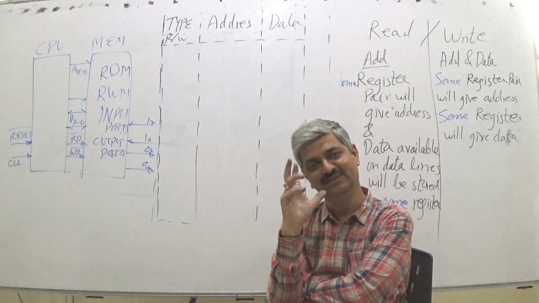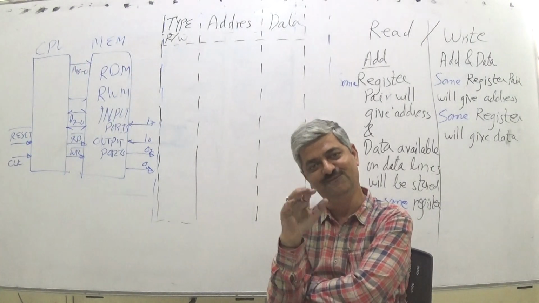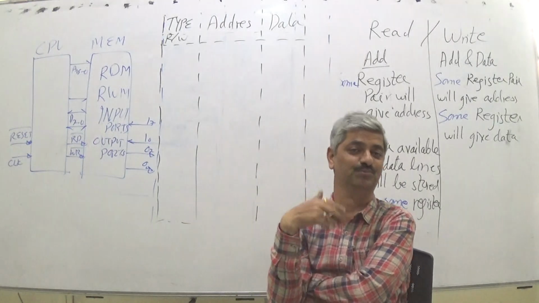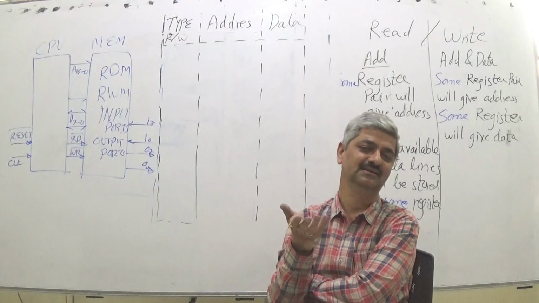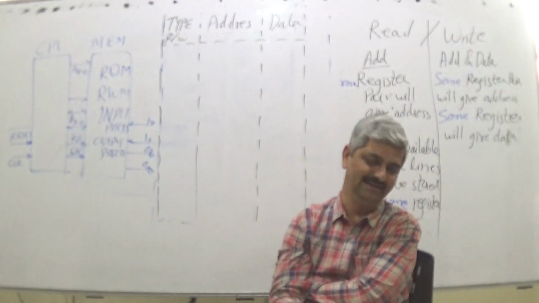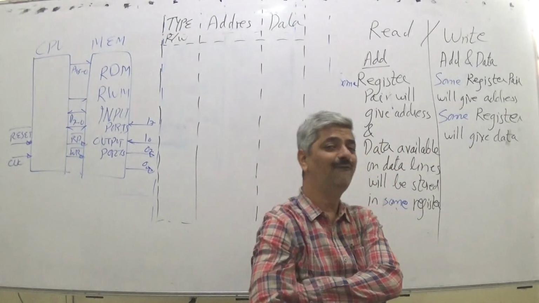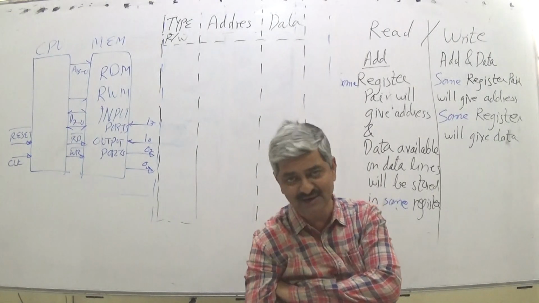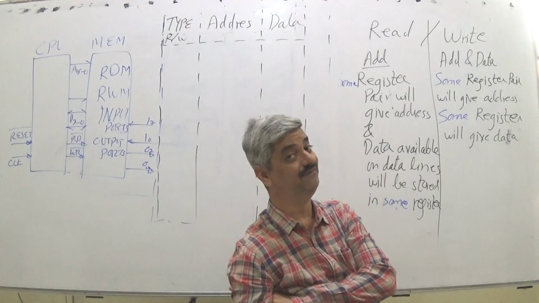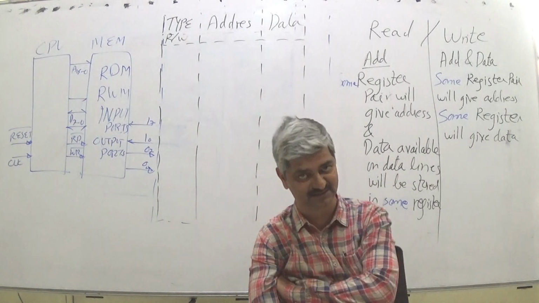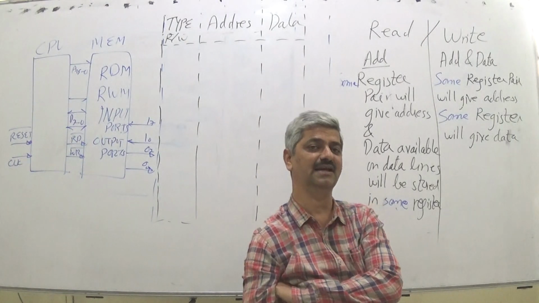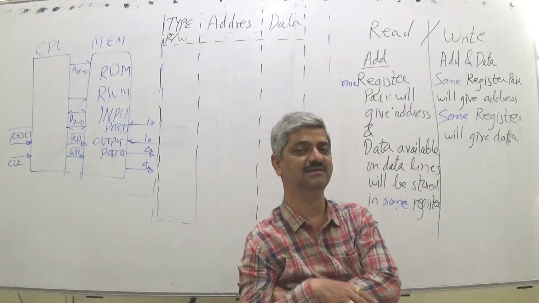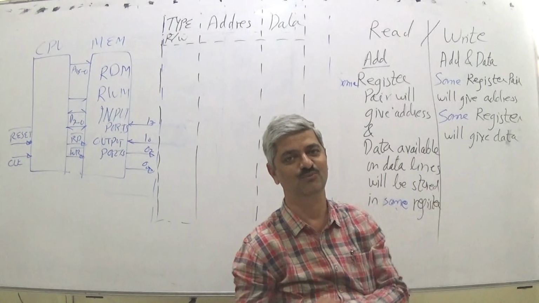The microprocessor is something different from conventional digital circuits, a programmable logic device. After reset, some register can give the address, some register can give data, but after reset it must be predefined and fixed. So if after reset the first cycle is a write cycle, some register gives the address, some register gives data, and that gets stored somewhere.